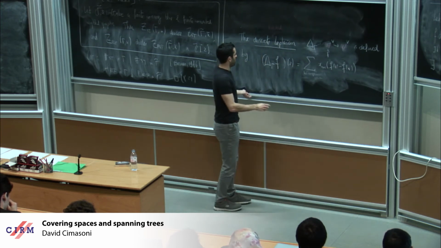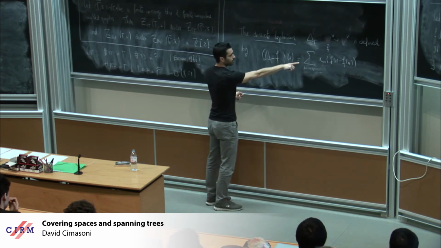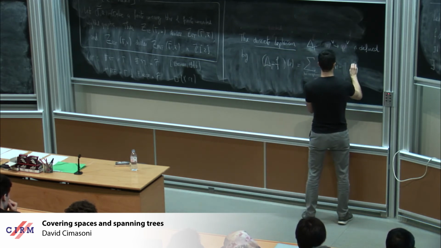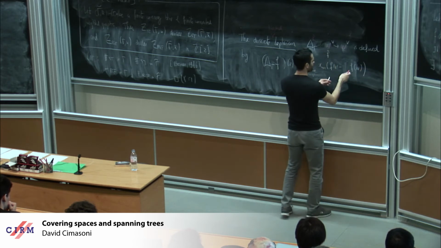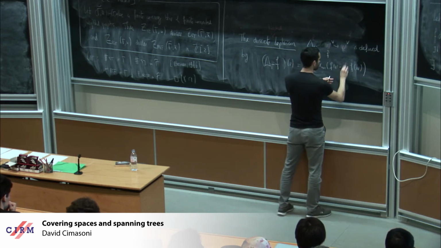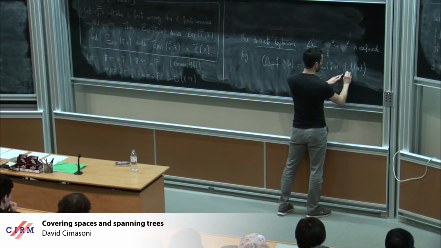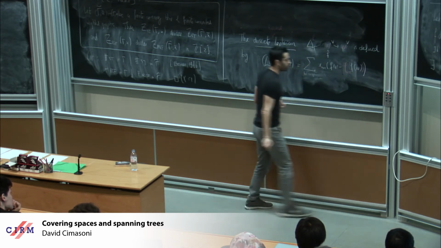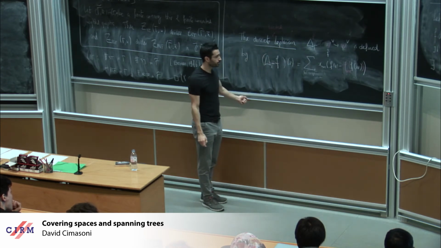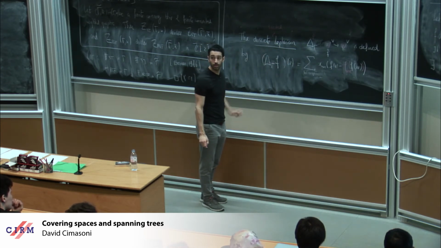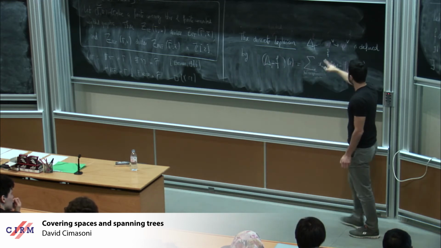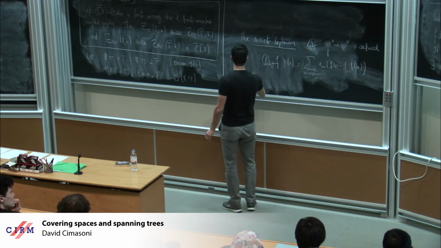And I use exactly the same thing, but now here f of w. Here I want to act with this automorphism of w. Okay, so let's see if this makes sense. So now we have v, which is a vertex.